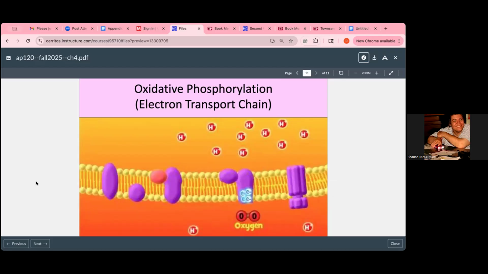But just remember that glycolysis has two phases basically, and then there's that intermediate phase that you get acetyl CoA from. Then you have the Krebs cycle, and then you have the electron transport chain. So those are separate phases of the reactions to make food energy. Okay? And that's the end of that.